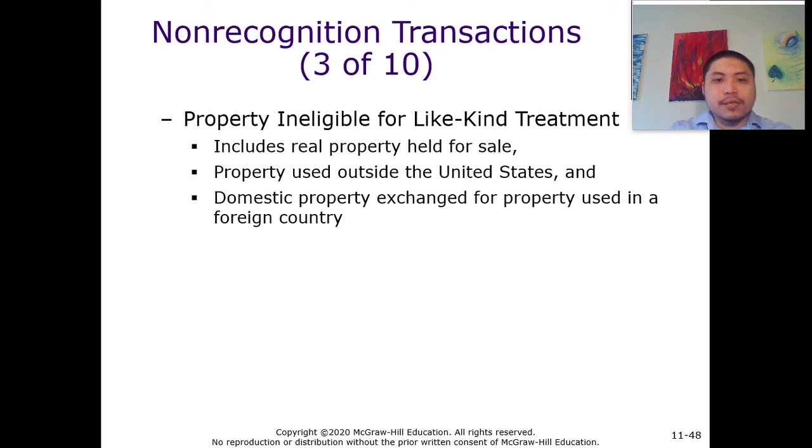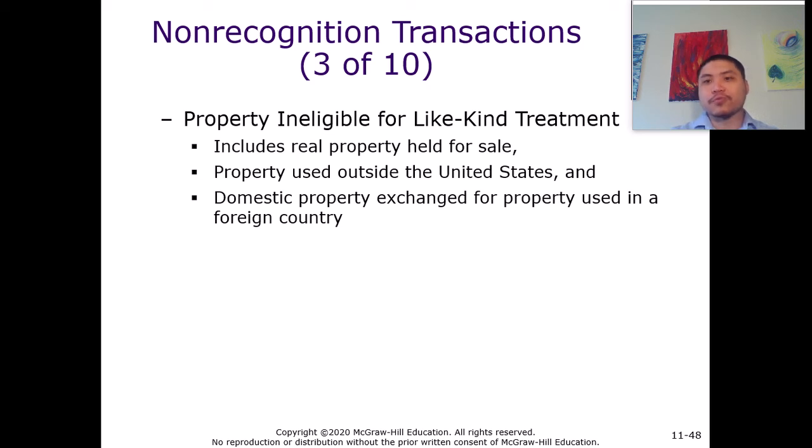Well, I should talk about the second case here, which I haven't talked about yet. The second case is when taxpayers exchange a piece of land in China. So two taxpayers, they are U.S. taxpayers, but both of them own properties in China.